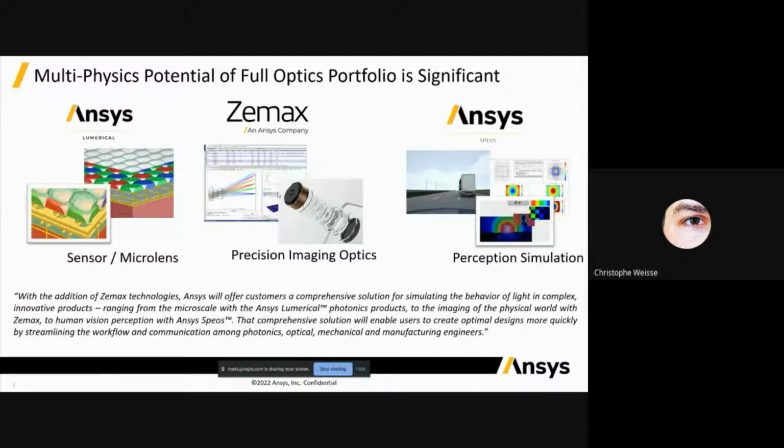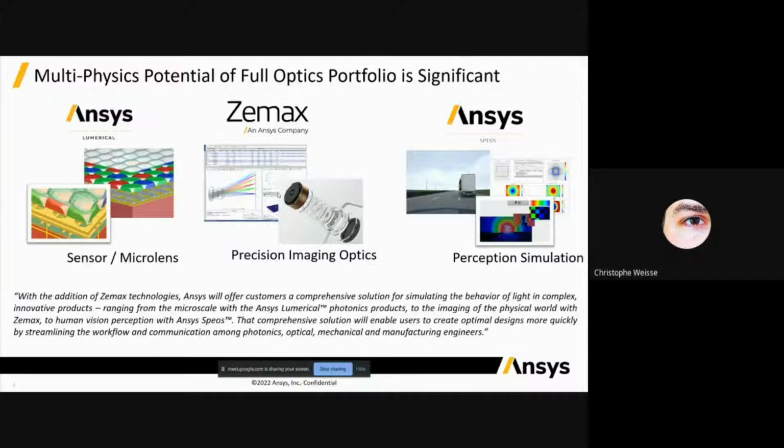If we focus on the optics portfolio, we now have Lumerical, Zemax, and Speos, so you can really design systems from a very small scale, sensors or micro lenses, use Zemax products to design the optical system itself, and then use Speos for perception or full system simulation. So it opens up a lot of different possibilities.